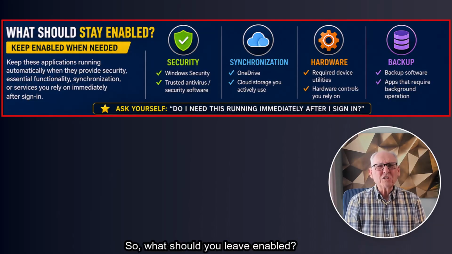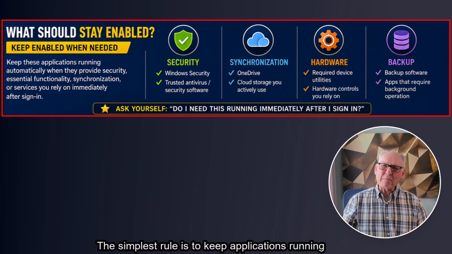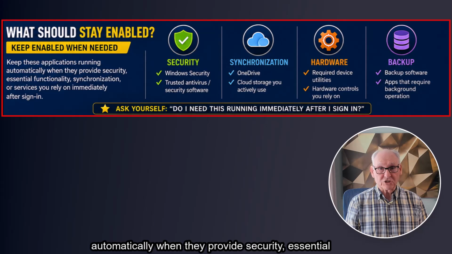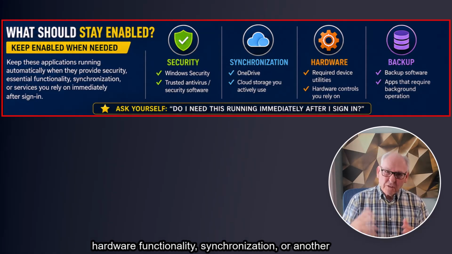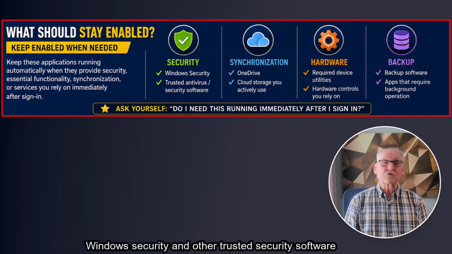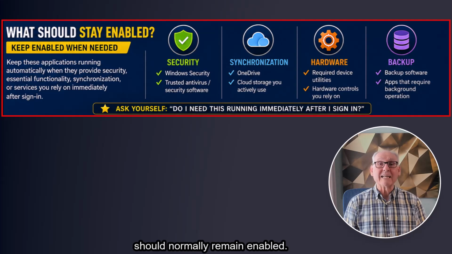So, what should you leave enabled? The simplest rule is to keep applications running automatically when they provide security, essential hardware functionality, synchronization, or another service you need immediately after signing in. Windows Security and other trusted security software should normally remain enabled.